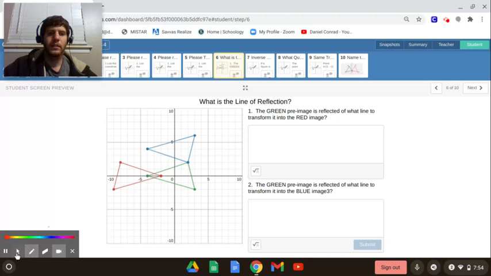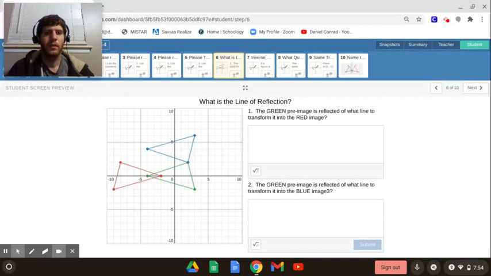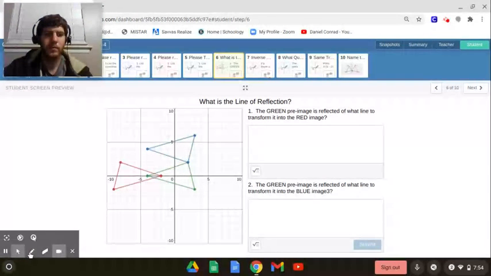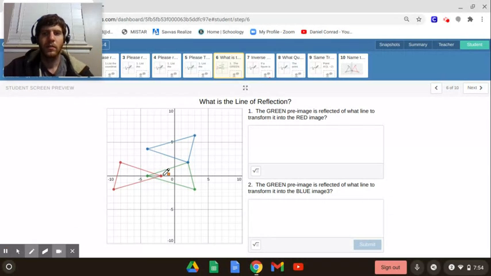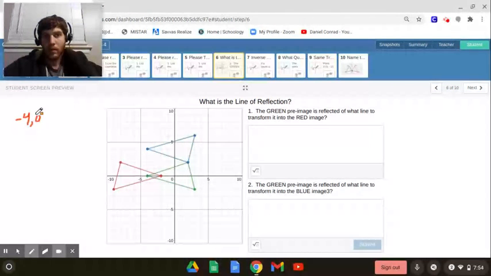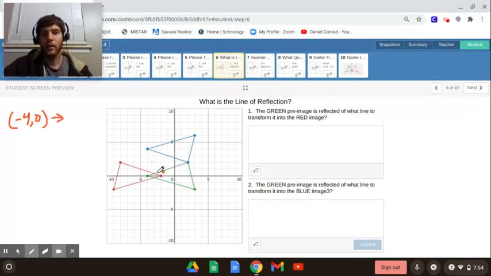The idea is the line of reflection is halfway between the points of the preimage and the image. If we took this point here in the green first, that's negative 4, 0, and it goes to negative 2, 0.